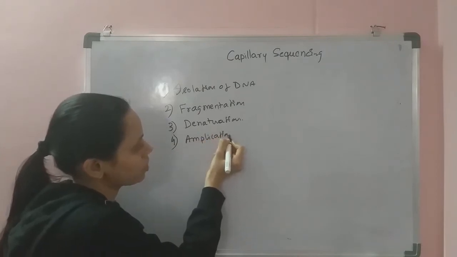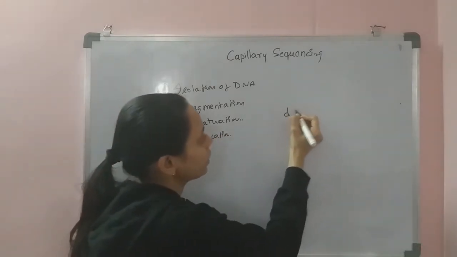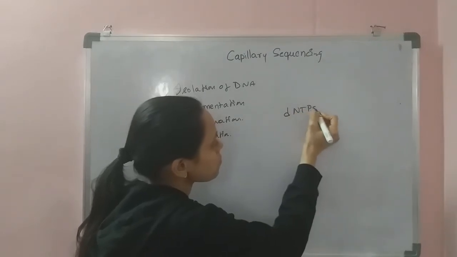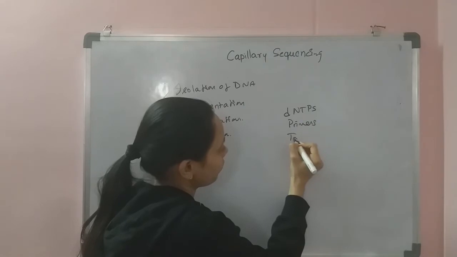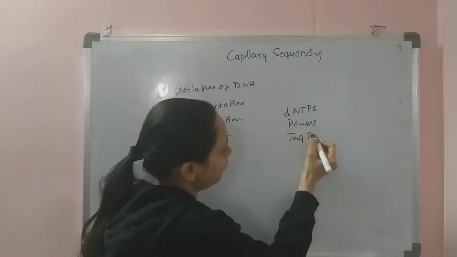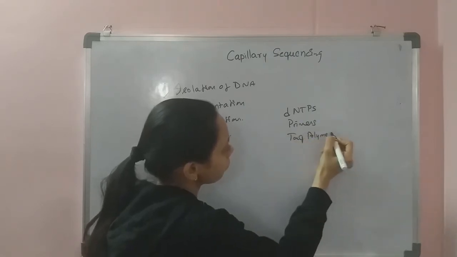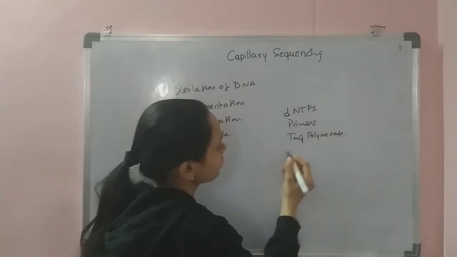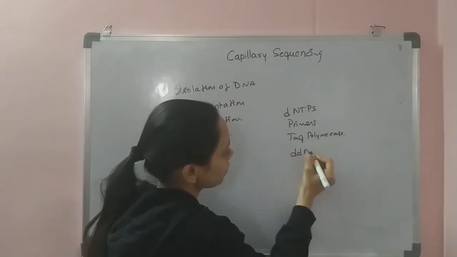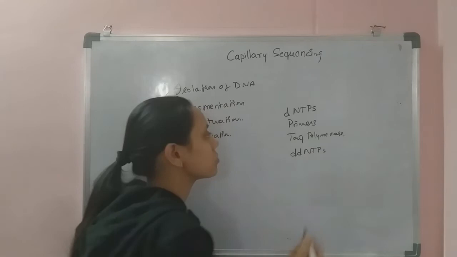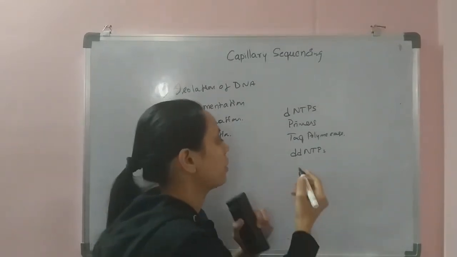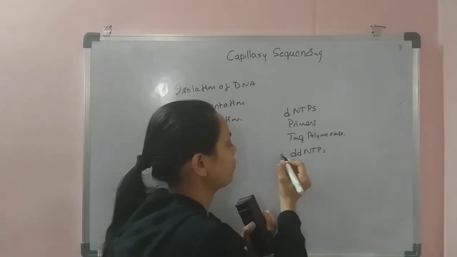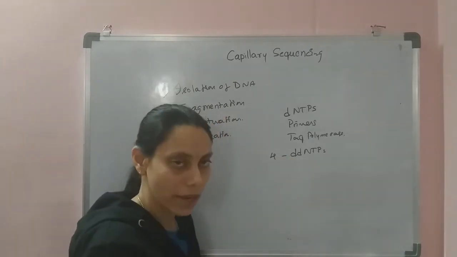For amplification, we are going to use dNTPs, primers, Taq polymerase, and ddNTPs. These are the basic essentials, and here the 4 types of ddNTPs are added in a single reaction tube.